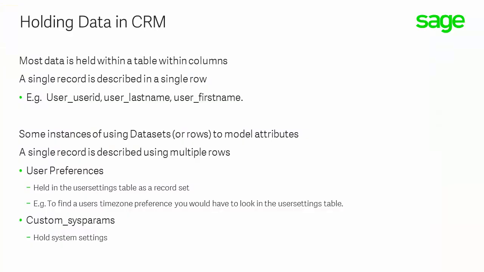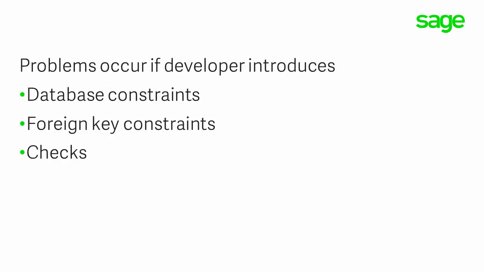Now, going back into the presentation, where we've considered holding data inside Sage CRM, there are some other things to consider. When we're interacting within Sage CRM, we're making requests to the application server from the browser.